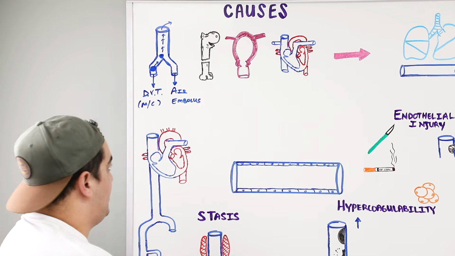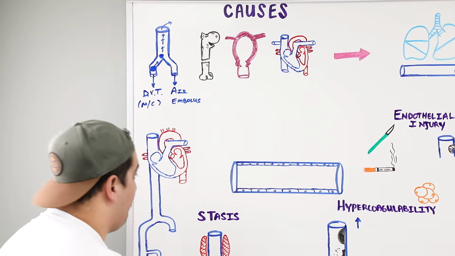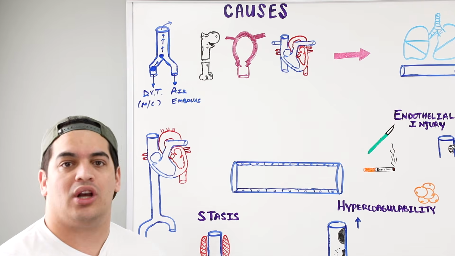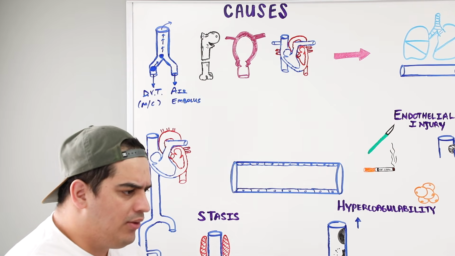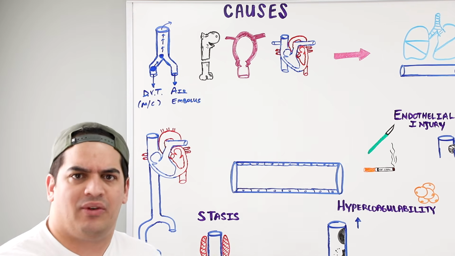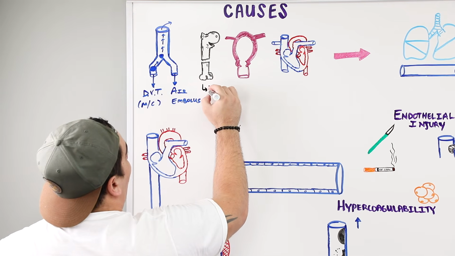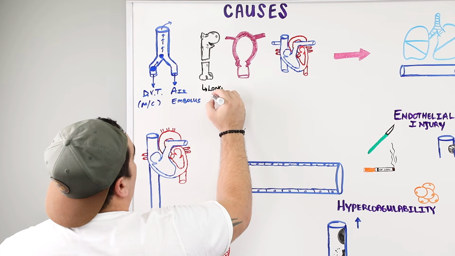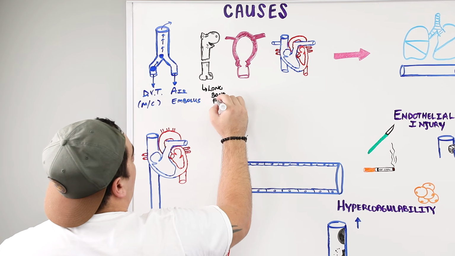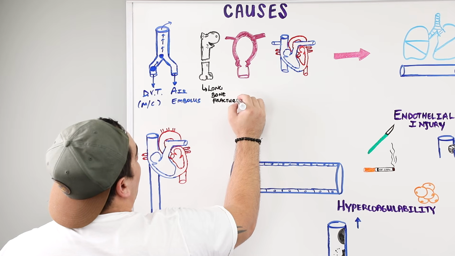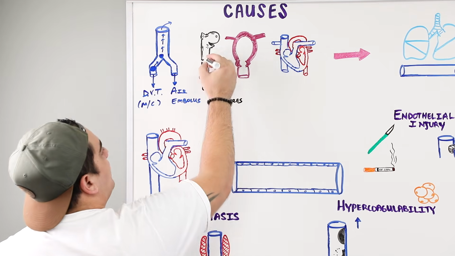Other potential causes are whenever somebody breaks a really big bone, usually a long bone. Within the long bones, they have a medullary cavity that's usually filled with fat. So if you get long bone fractures, within the center, the medullary cavity, you have all of this fat tissue.